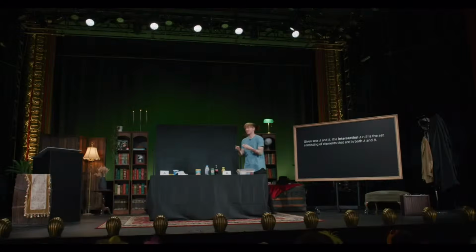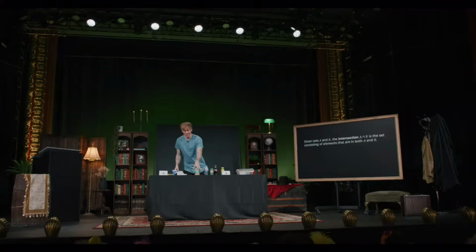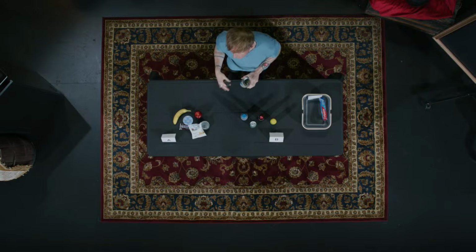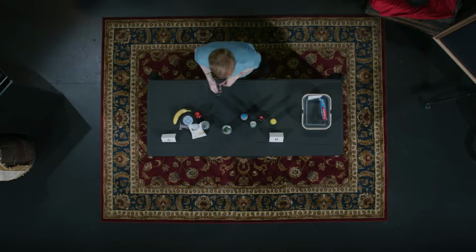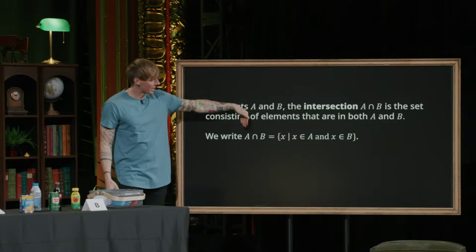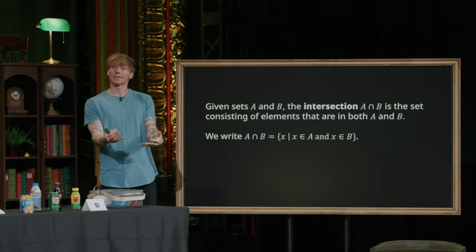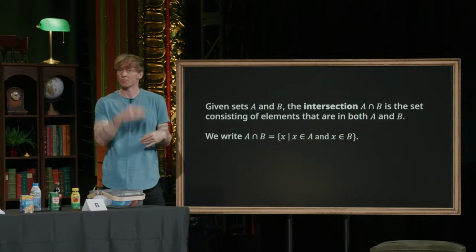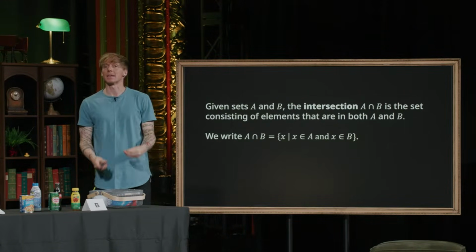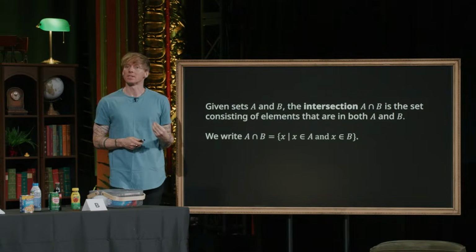In our example with my shopping, the can of soup, I'm claiming at least, is both a food and a drink. Therefore, because it's in both A and B, it is in the intersection, or the overlap, between those two sets. Mathematically, we would write this as A intersect B equals those elements x such that, again, is how we read that straight line, x is in A and x is in B. So again, it must be in both of those sets.